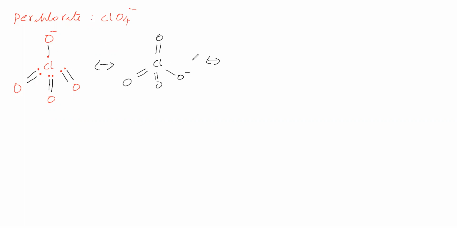This single bond we will write here. This is the next possible resonance structure. Next possible resonance structure, we will write this single bond here. So we have written the possible resonance structures for perchlorate.